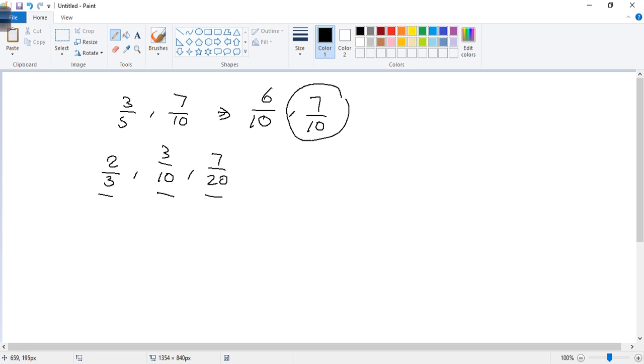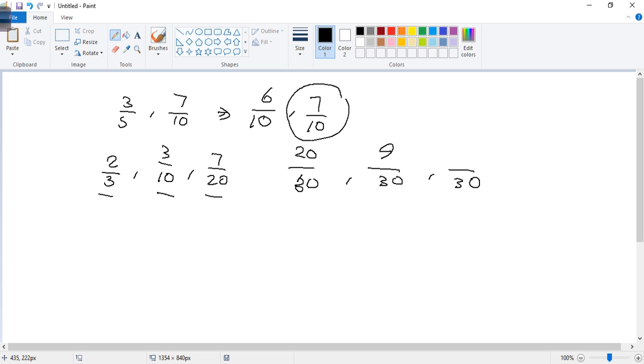What is the common denominator? Let us say it's 30, 30, and 30. What did we do to the 3? To make it 30, we multiplied by 10. 3 times 10 is 30. It means 2 times 10 is 20. And 10 times 3 is 30, so 3 times 3 is 9.